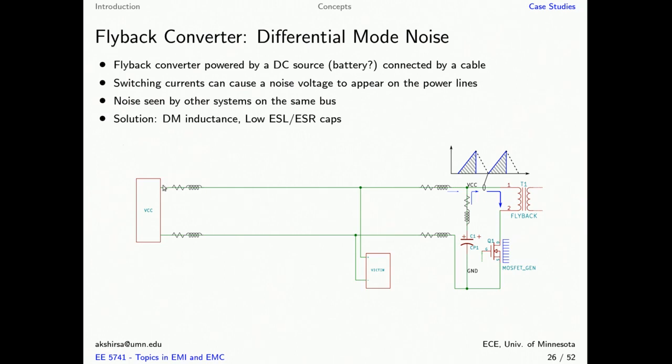And the drop across this series impedance is dependent on how much current is drawn by this. So in this case, the ratio of impedances, these two, is going to determine how much noise is seen by this victim.